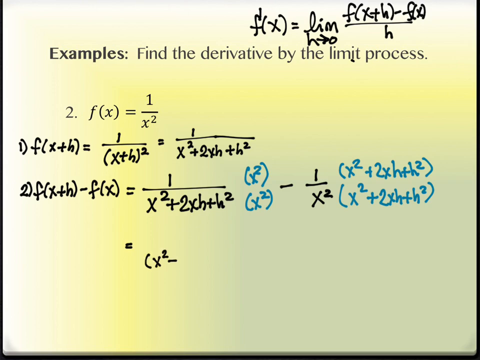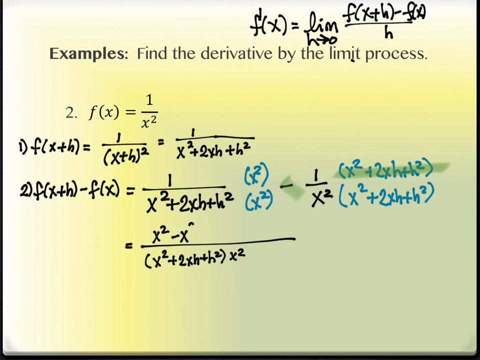Okay, x squared plus 2xh plus h squared is the denominator times x squared. That's the denominator for both of these. The first numerator is just x squared. The second numerator is going to be this piece over here with the negative that's in front, so I'm going to distribute that negative as I write it out.